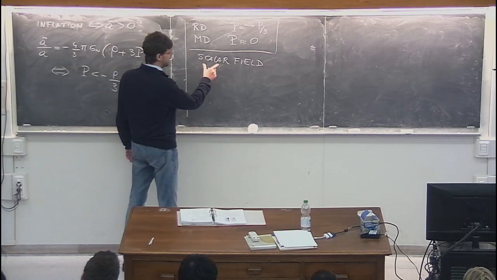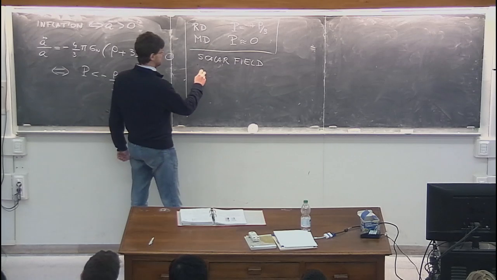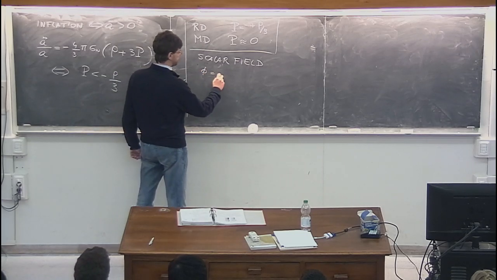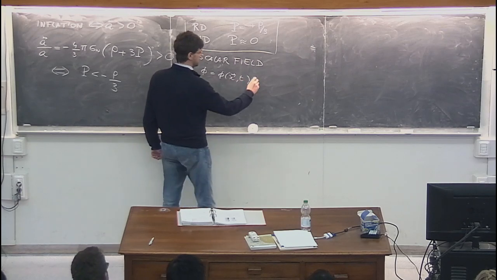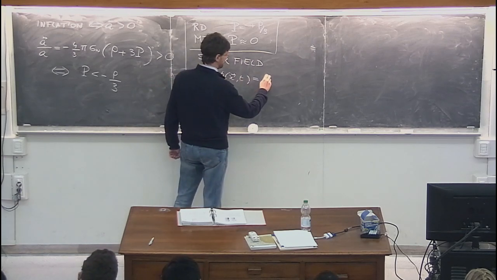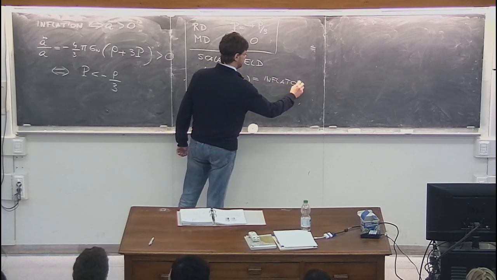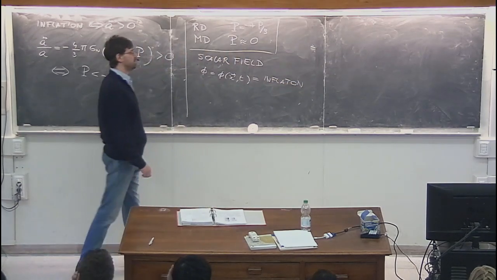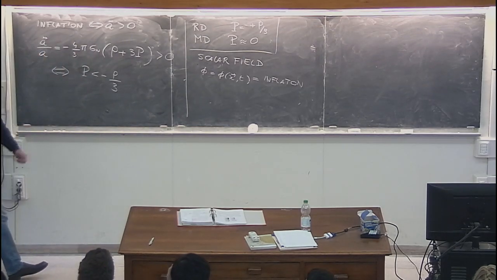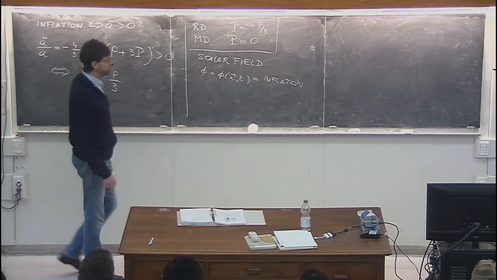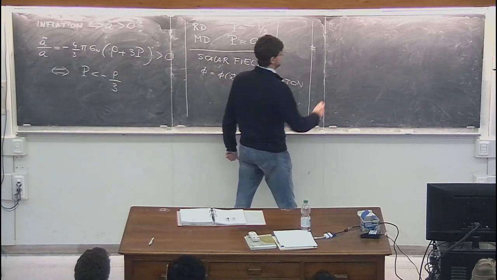But for today, I would like to assume a generic scalar field that I will call phi, which is a function of x and t in general, and without too much fantasy, I will call it the inflaton field. Okay? So in the usual jargon, the inflaton field is the field that is driving inflation, responsible for the period of inflation. Okay, so we have the inflaton field.